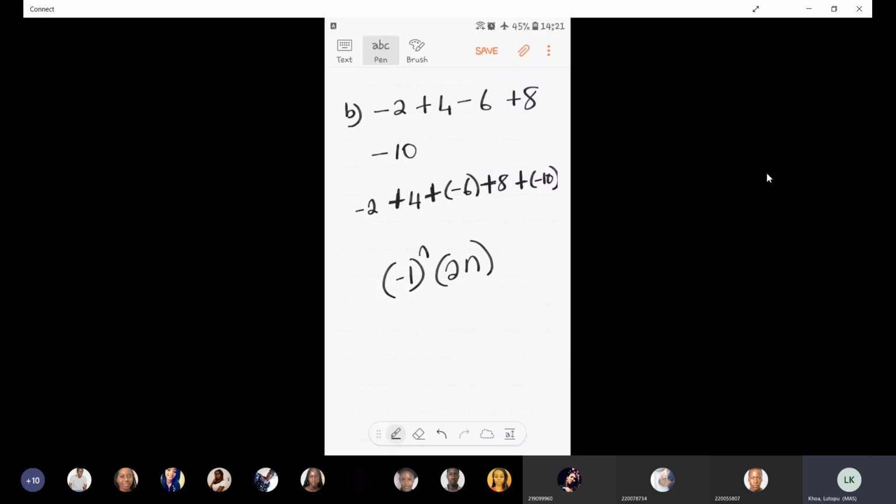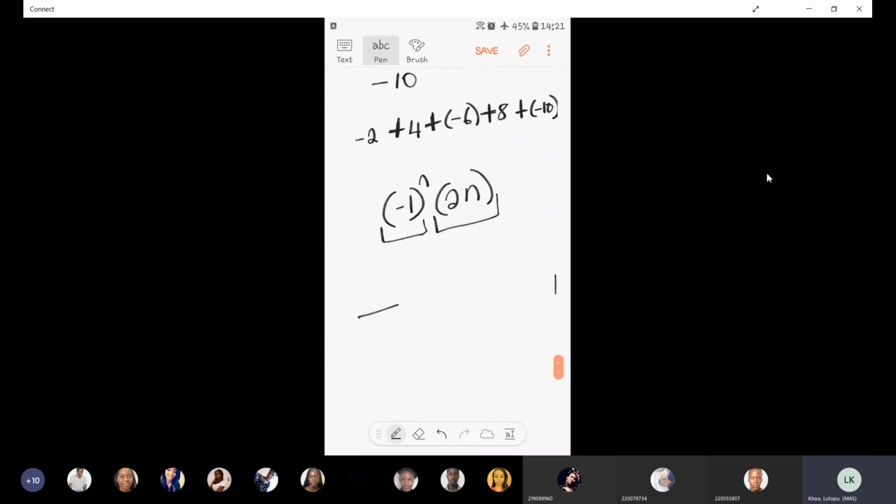Now all these are multiples of 2, so that is represented in the 2n, and then this will take care of the alternating, because depending on your value of n, it'll either be positive or negative. So this is a formula for the nth term.